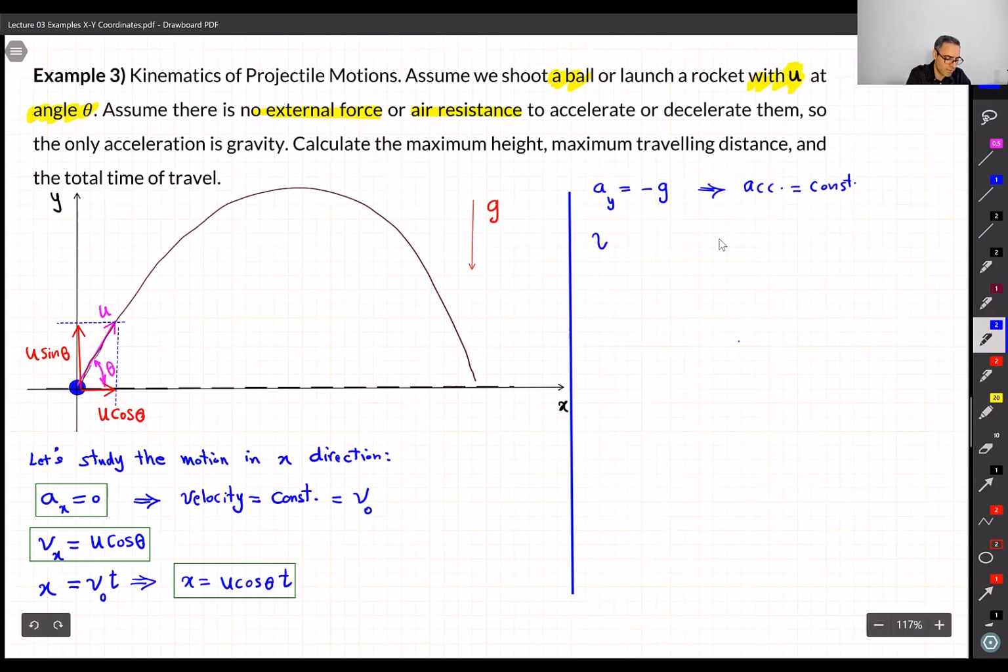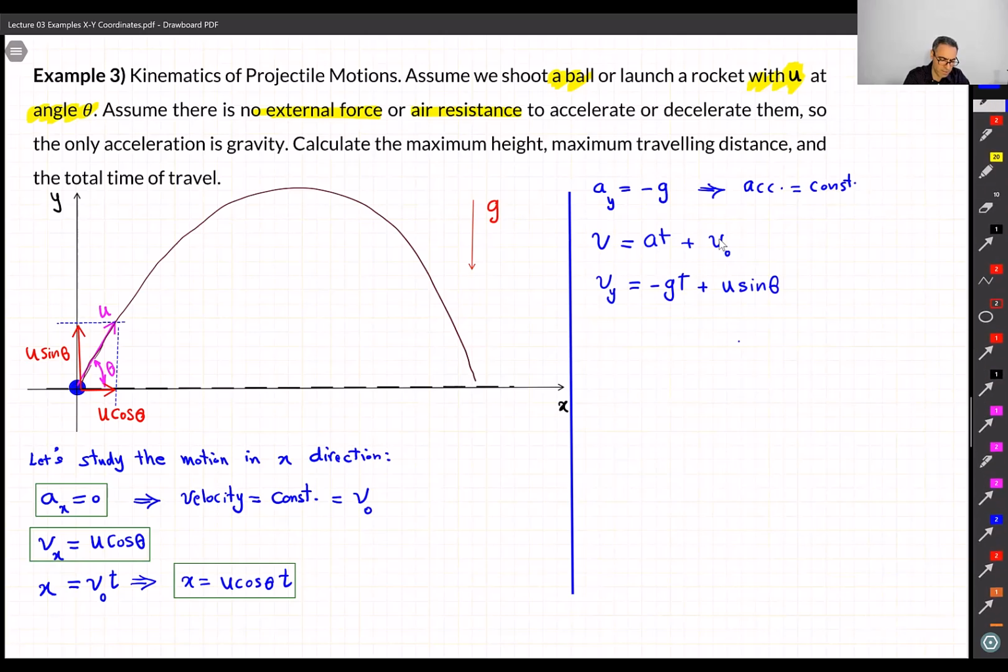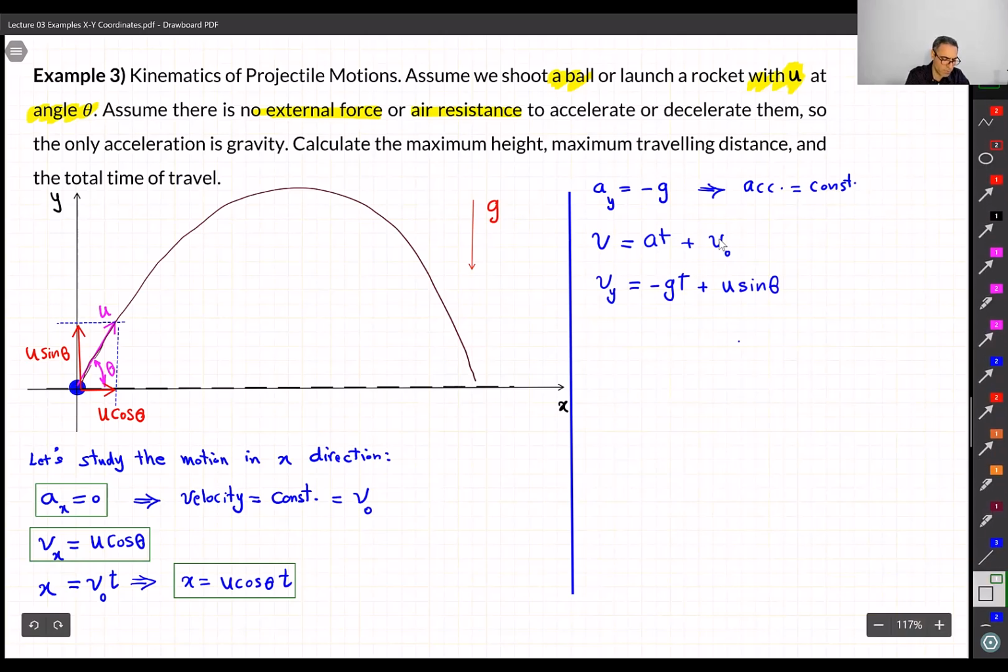And we know we have a bunch of formulas for these. For example, we know that velocity has this formula if acceleration is constant: at plus v0. So all I need to do now is substitute v by vy, because we're talking about y direction, minus gt. And what is my initial velocity? So you can see it is u sine theta, right? So simply, this is the formula for ay, this is the formula for vy. Now let's figure out how to find y.